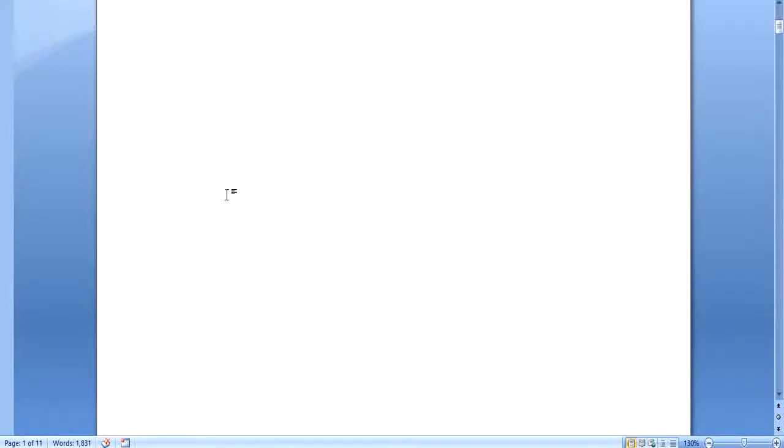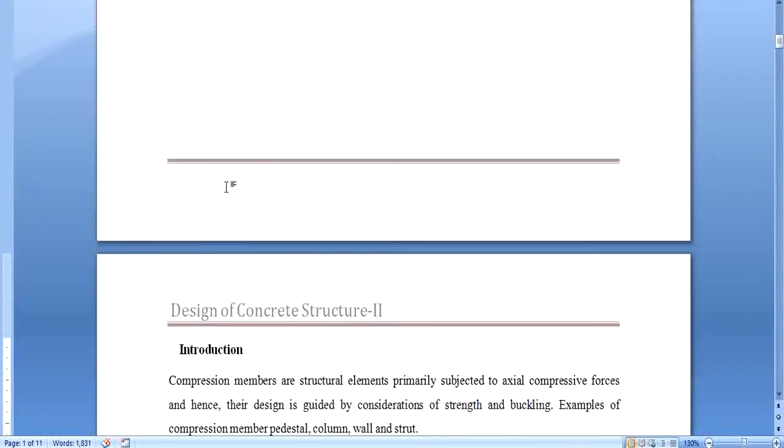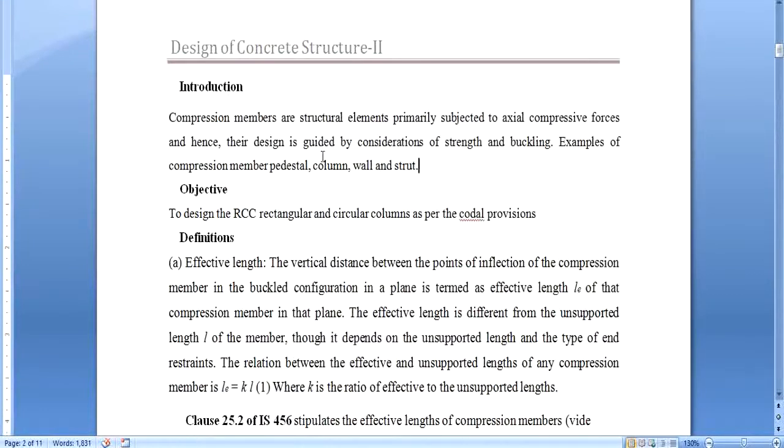An assignment is also present in these notes. Remember, before moving to the module, you must have IS 456 with you to study this module. In previous lectures also I have said that you must have IS 456 so that I can explain the clauses and you can go through the code easily at your end.